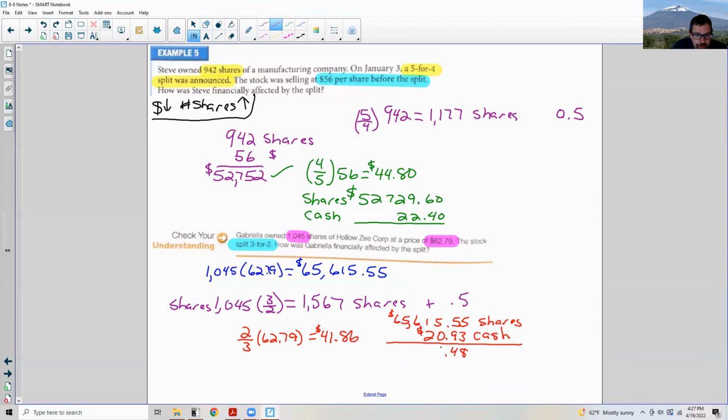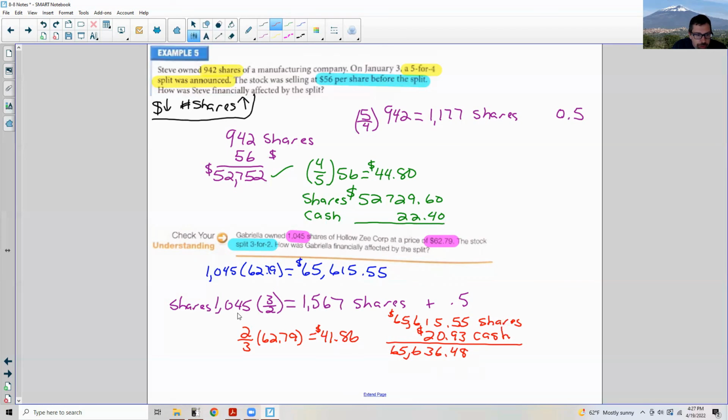And when I add these, I get $65,636.48. So 1,045 times 62.79 was this. Did I add wrong somewhere?